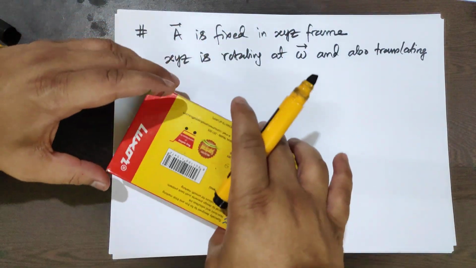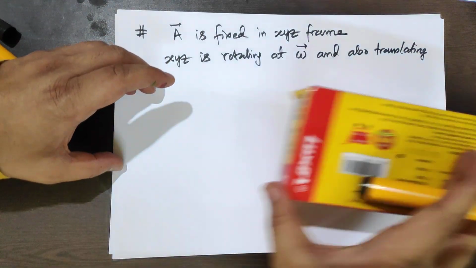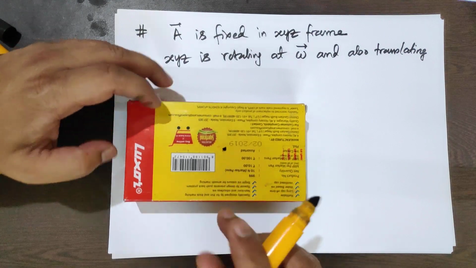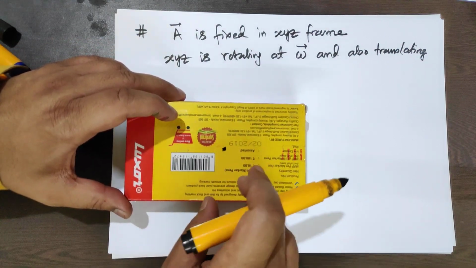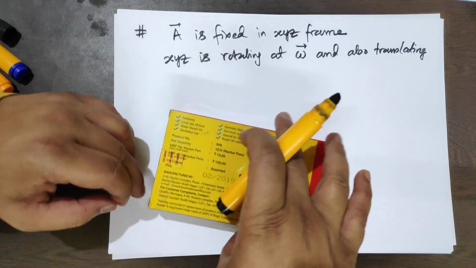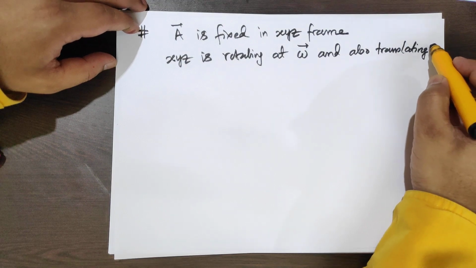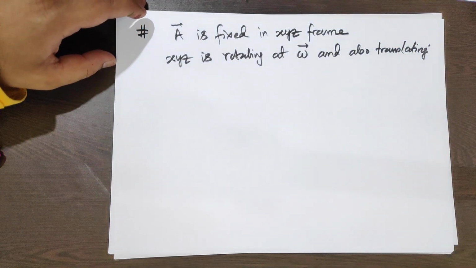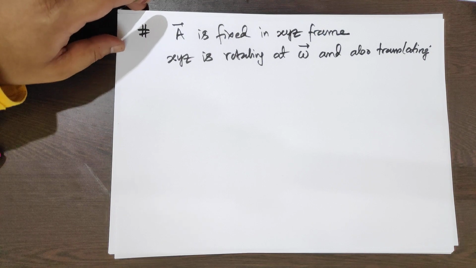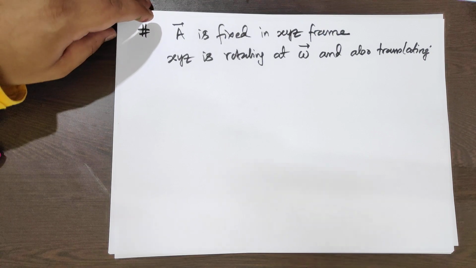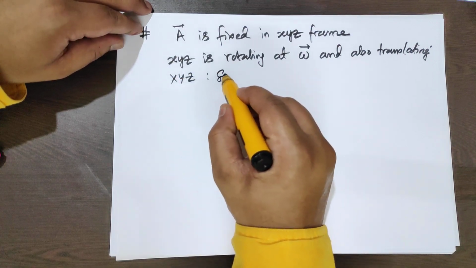Translation at the velocity of this point, plus rotation about this point. I hope you know Chasles' theorem. So A is fixed in the small xyz frame, and small xyz is rotating and also translating, and capital XYZ is the ground frame.